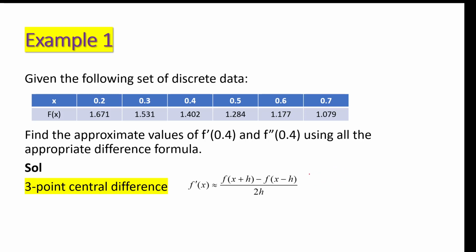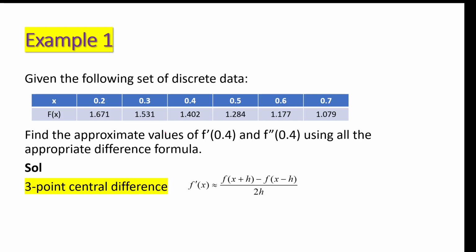If the truncation error is of higher order, normally it will be more accurate. So comparing 3-point and 2-point, 3-point is more accurate. Comparing 3-point and 5-point, 5-point is more accurate because the truncation error is higher order.